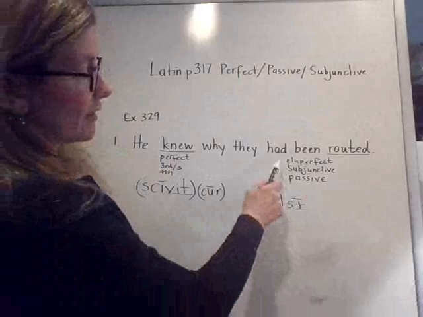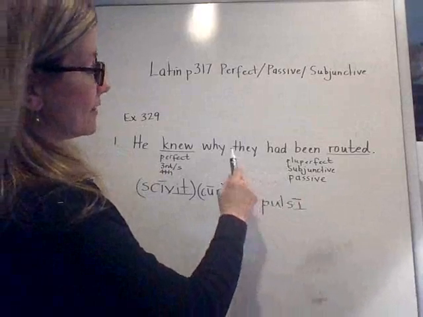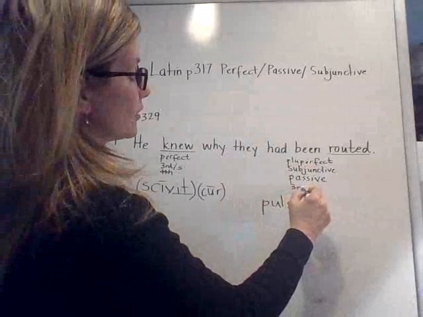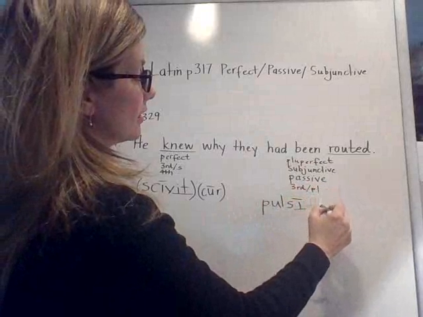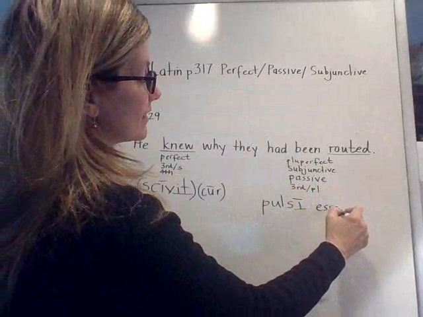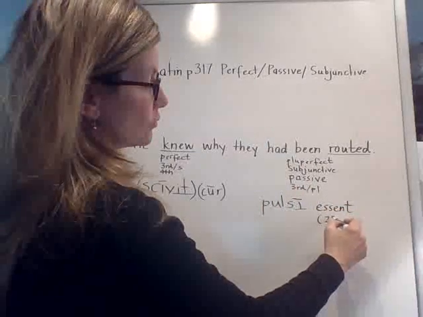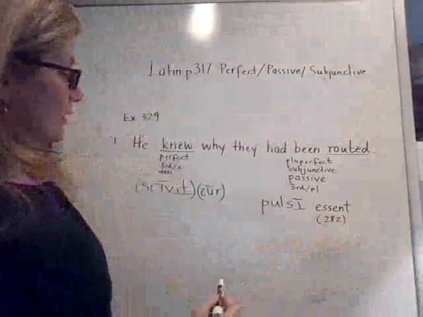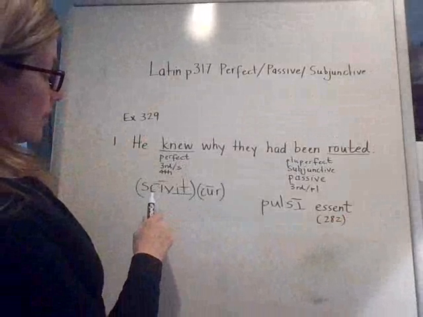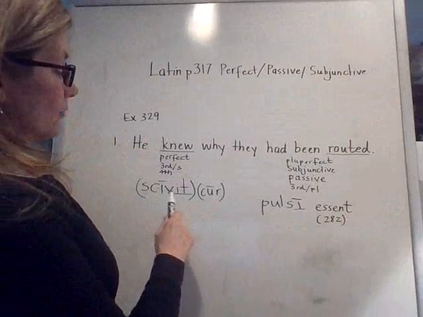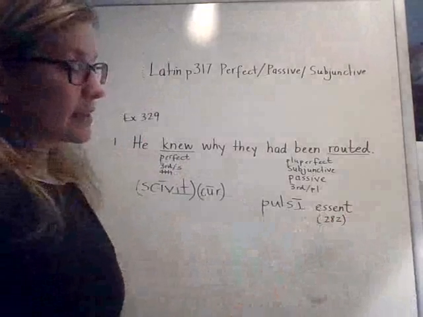If you look at the pluperfect subjunctive passive, third person plural, you'll see that it is essent. That is from Grammar 282, if you want to look that up. So we would translate scivit cur pulsi essent.